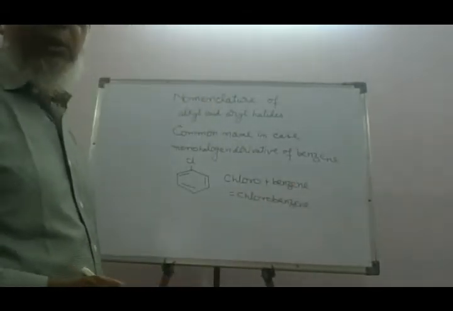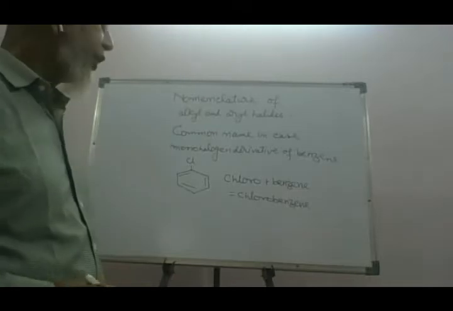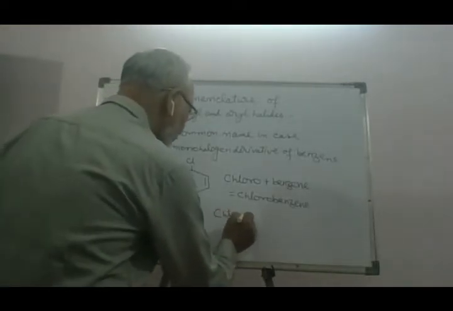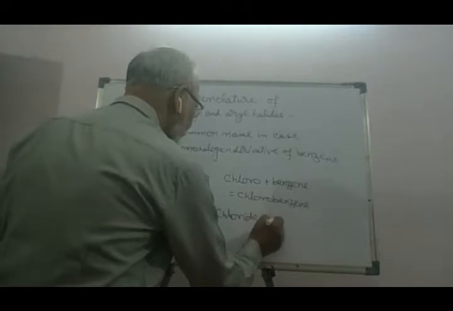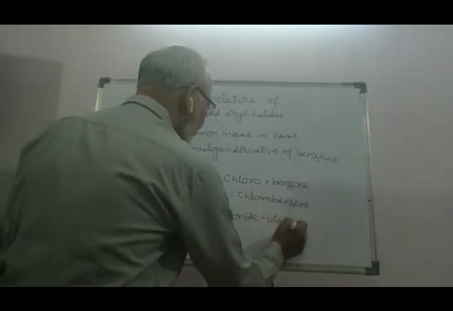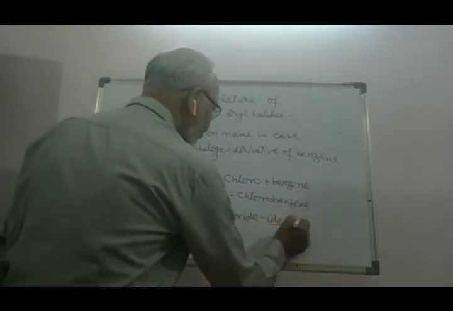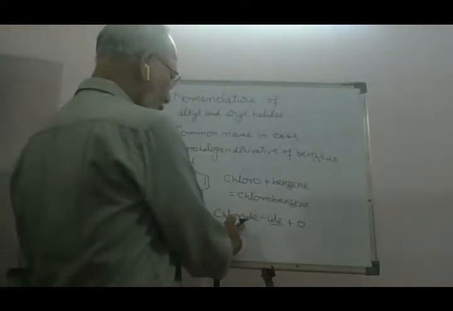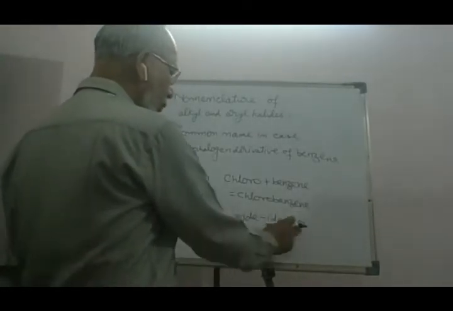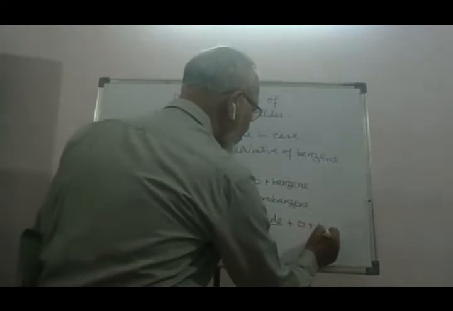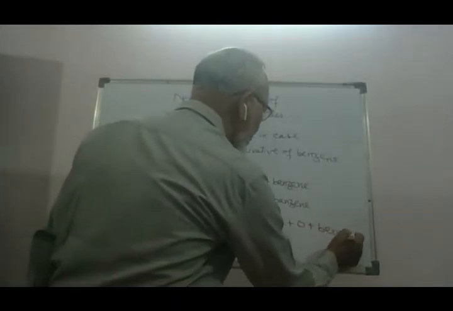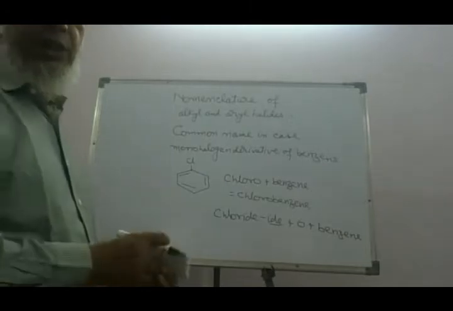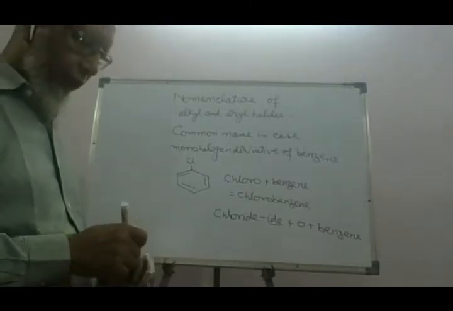What we do is remove IDE from halogen. For example, chloride minus IDE, and then we substitute this IDE by O, that is, we add O. So this becomes chloro plus benzene. Likewise, there will be chlorobenzene, bromobenzene, iodobenzene, etc.